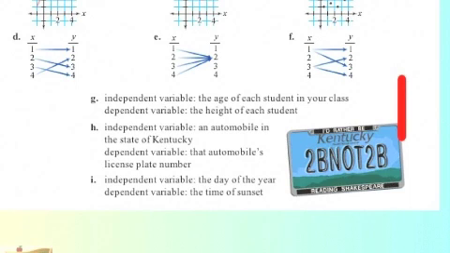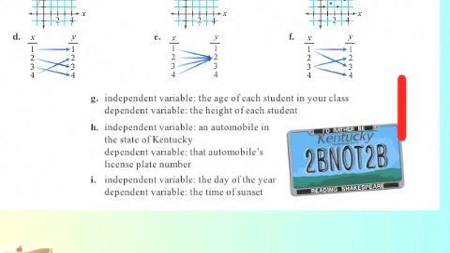H says the independent variable is an automobile in the state of Kentucky, and the dependent variable is the license plate. And to me, that is a function because every single automobile in the state of Kentucky will have a different license plate. So therefore, I would say that is a function.